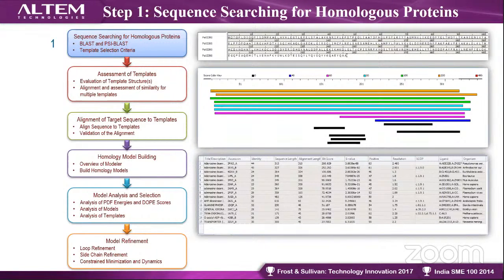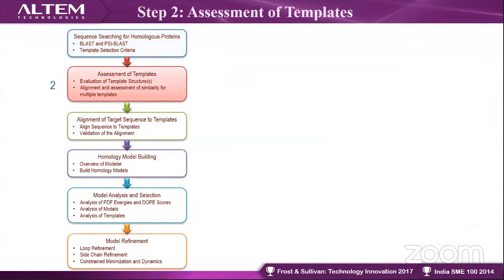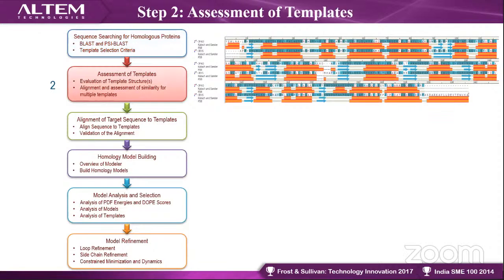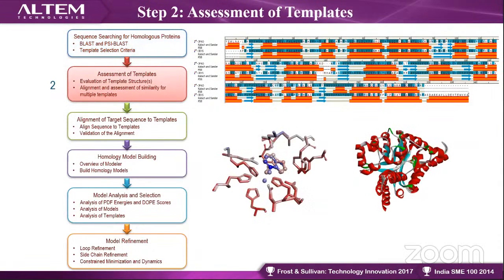Say, for example, the next step for homology modeling is you have to assess your template. How will you assess your templates? You'll be assessing your templates based on similarity as well as multiple templates.